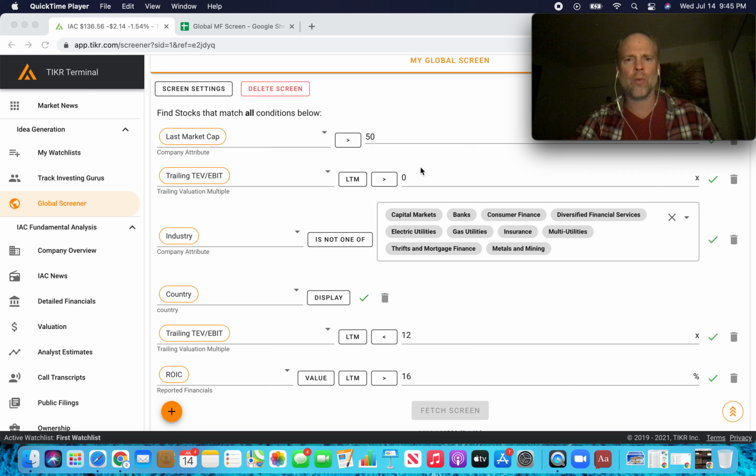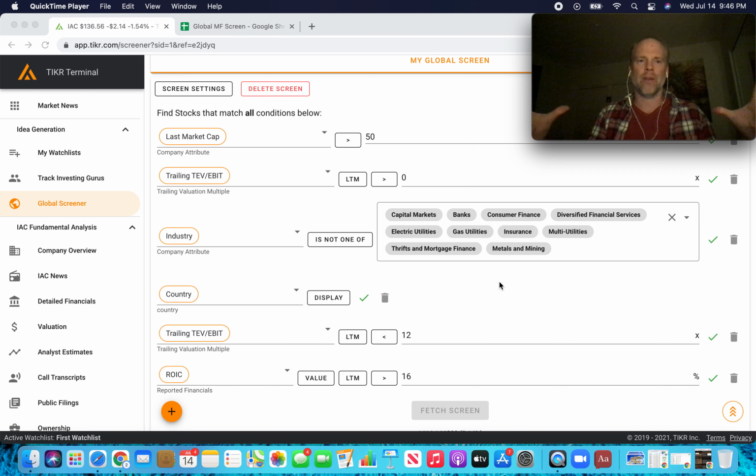So we're looking for trailing total enterprise value over EBIT greater than 0 but less than, I've defined it as, 12 here. So an acquirer's multiple somewhere between 0 and 12. Now, Greenblatt does it a little bit differently.